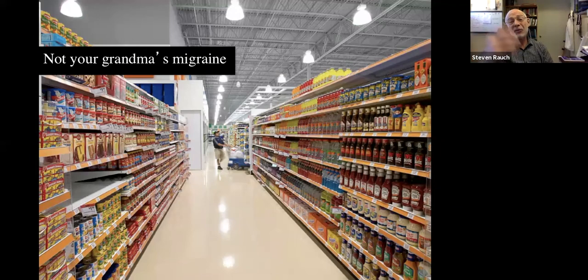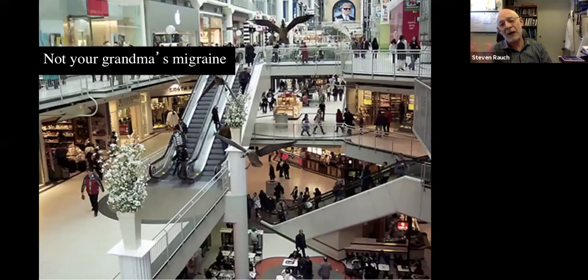And right now during the pandemic, maybe you don't see this very often, but really this is our modern world. Visual overstimulation, you know, three or four levels of vertical segregation, moving walkways, people moving, flashing lights, mirrors. This chaotic visual field is impossible for a patient with migraine.